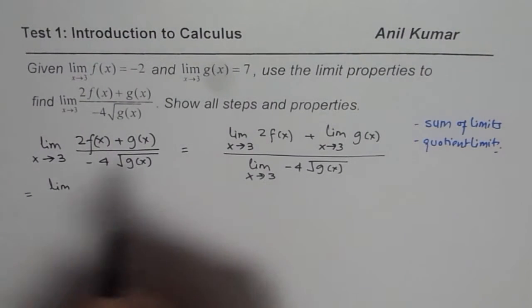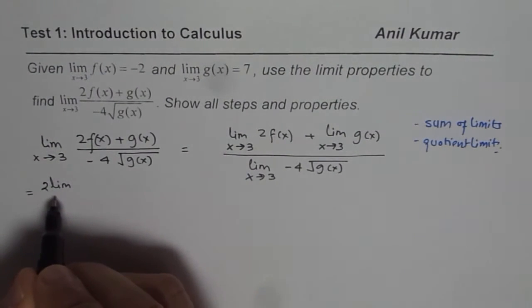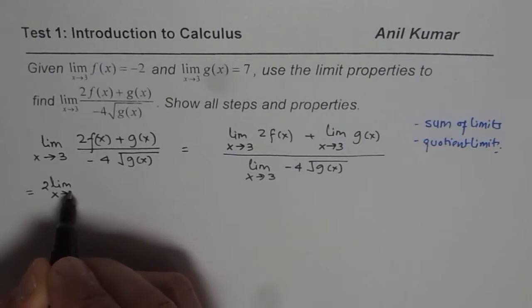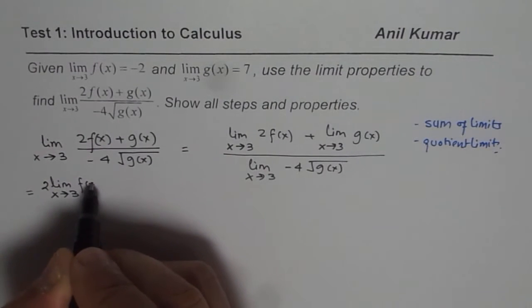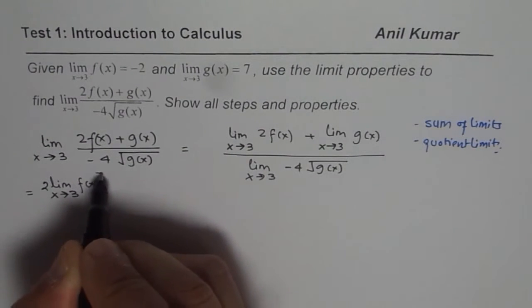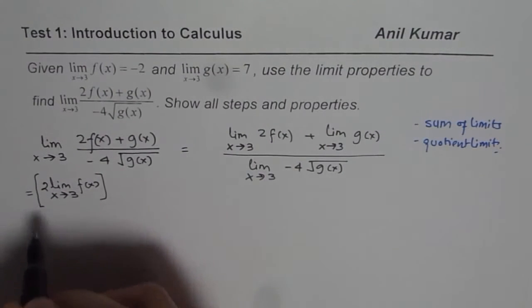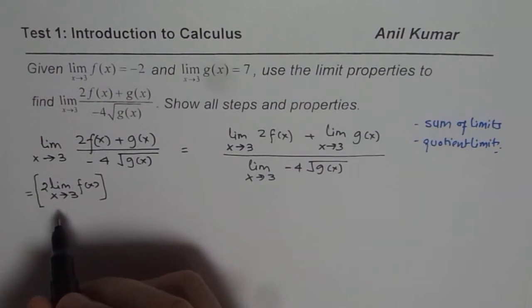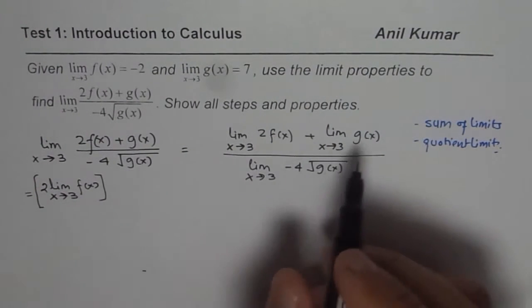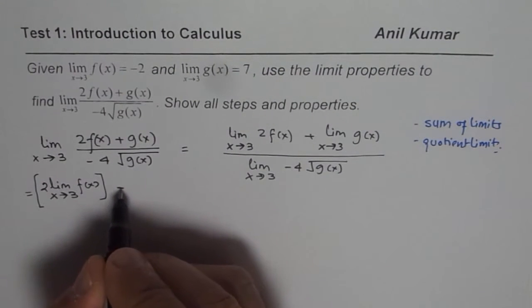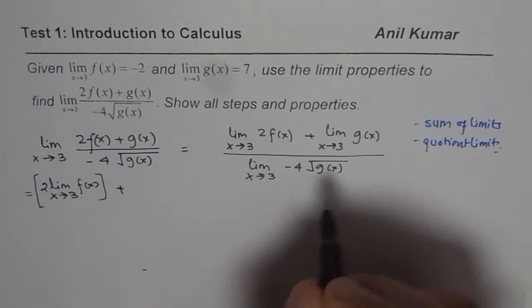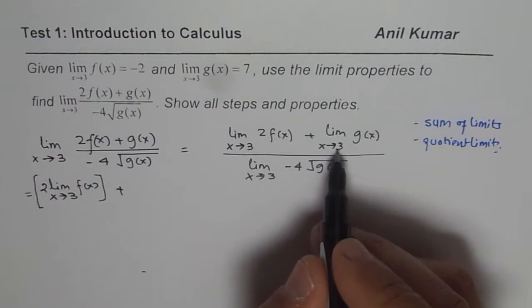Now 2 is a constant, so we can write this as 2 times the limit of the function as x approaches 3. Correct? So that is the first expression. So we have applied the constant multiple rule. The second one here is the limit of g of x as x approaches 3.